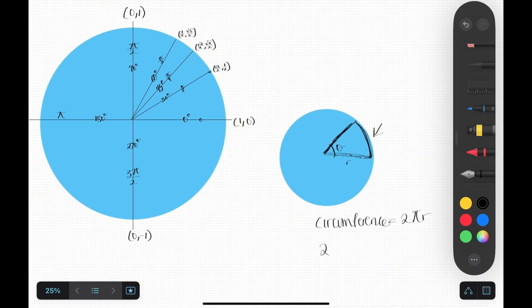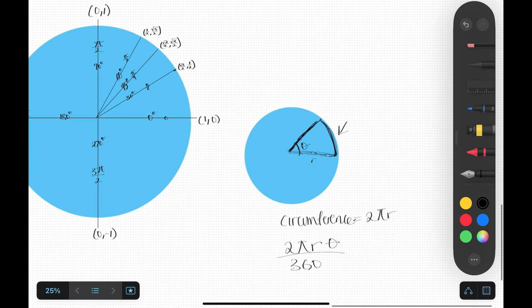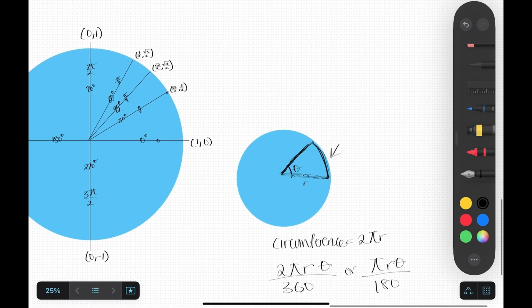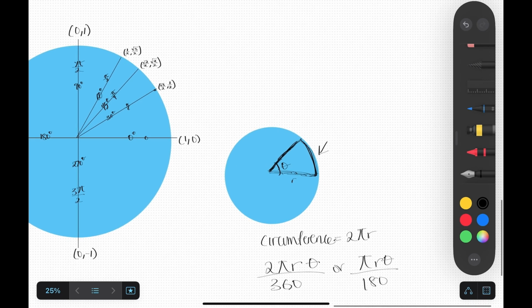And given that the circumference of a circle is 2 pi r, dividing by 360 gives us an expression for the arc length of a sector, given by the radius and the angle. What if the arc length was also the radius?